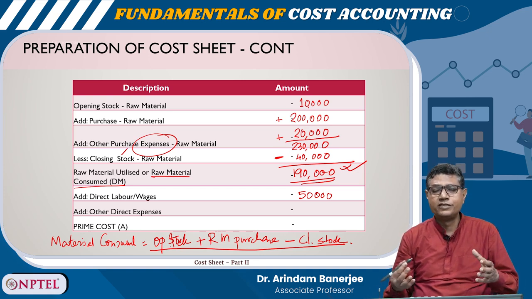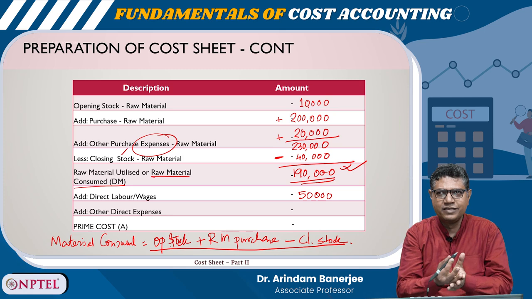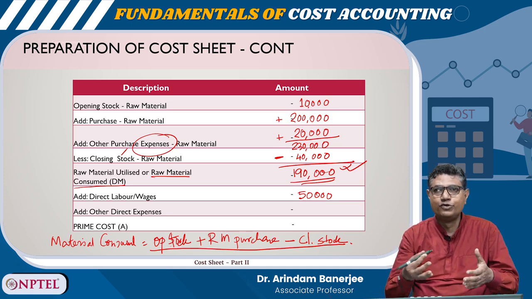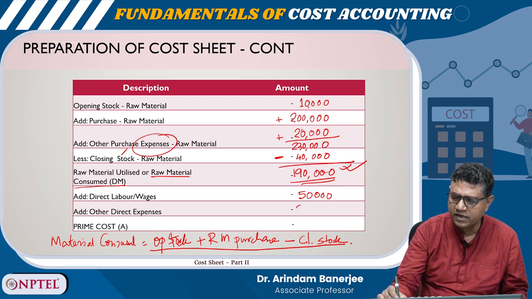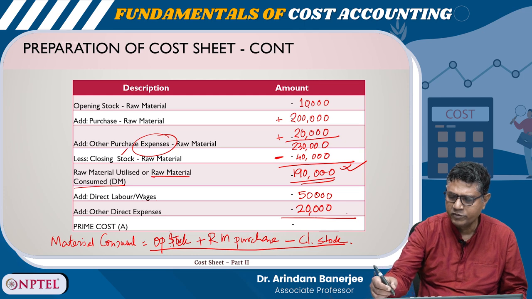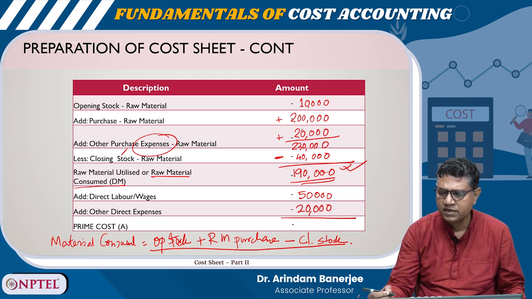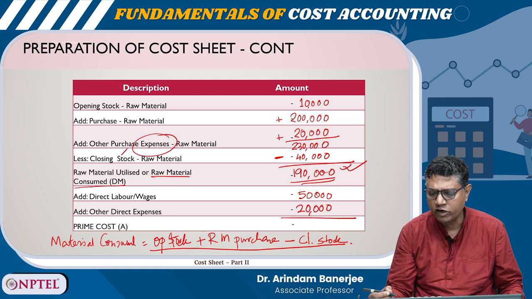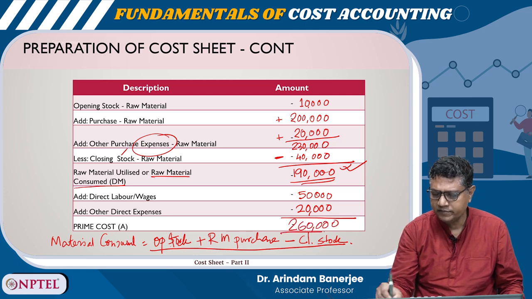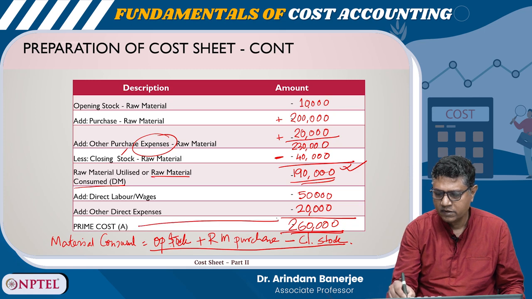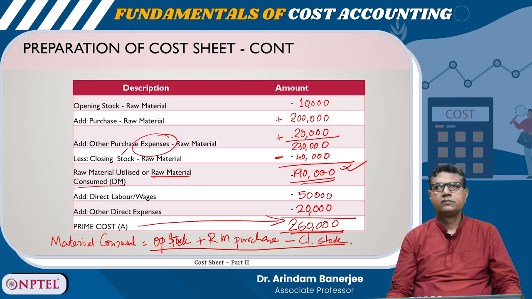If the machine produces only one product, the electricity used is a direct expense. So direct expense is say 20,000. So what is my prime cost? 1,90,000 plus 50,000 is 2,40,000, plus 20,000, so it is 2,60,000. This is my prime cost.